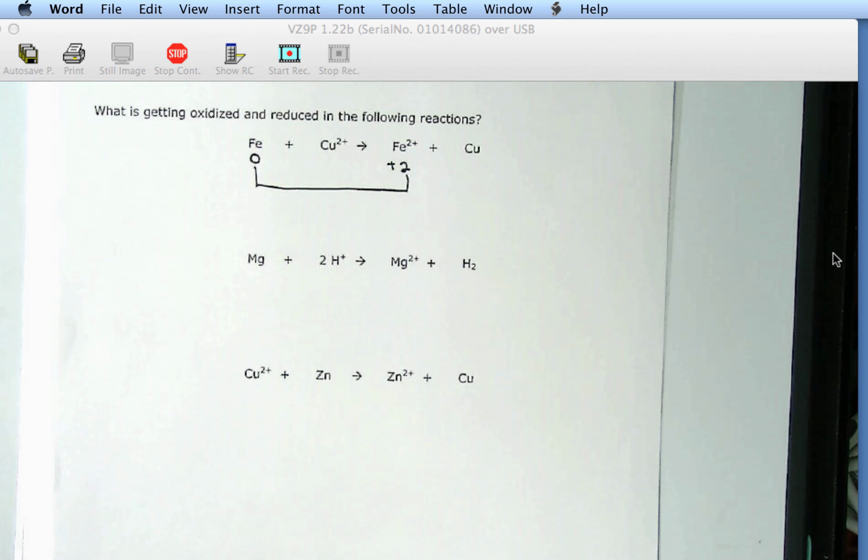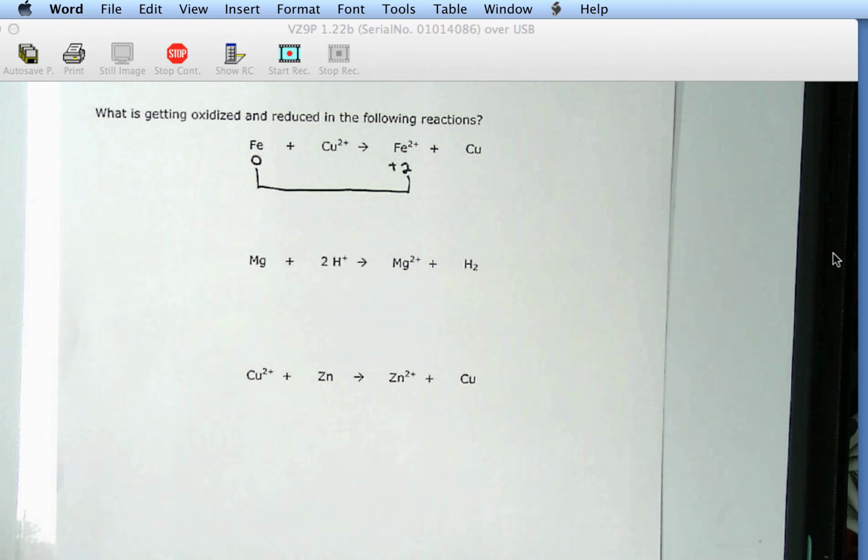So it's helpful to write out the half reaction so that you can see. And there are some problems in your textbook that have the anions. They have the nitrate, the chloride, the bromide. Eliminate those and just write it without the anions, and it will be a lot easier to identify what's getting oxidized and what's getting reduced.